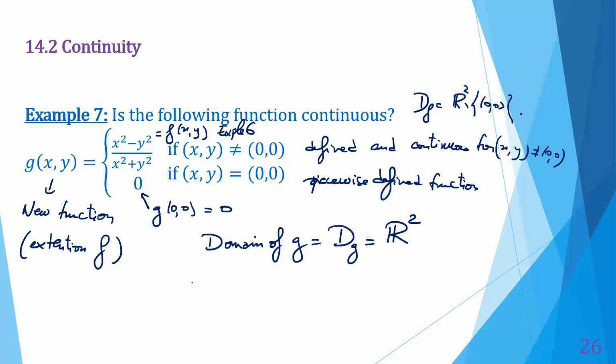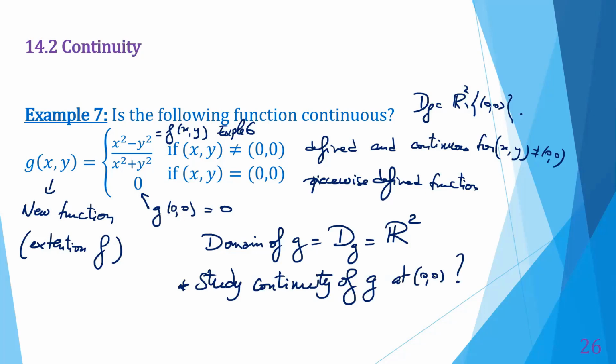Okay, so we have to study the continuity of g, no holes, no breaks at 0, 0. This is the question. If it's continuous at 0, 0, it will be continuous everywhere because it's already continuous on all of R2 except at 0, 0. The only problem remaining is at 0, 0. How to study the continuity of g at 0, 0?